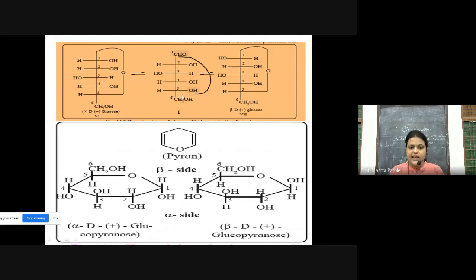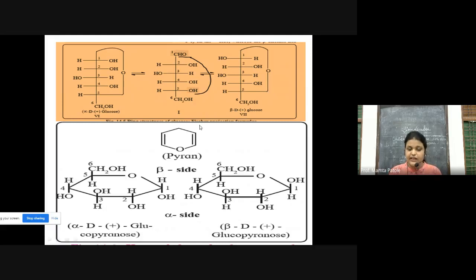Previously we have seen that the OH group on the fifth carbon will go and attach on the first carbon, right? So either you will get this OH group on the right hand side or on the left hand side. The difference is only in the first carbon. They are known as anomeric carbons, right? So you will get either alpha D glucose or beta D glucose.